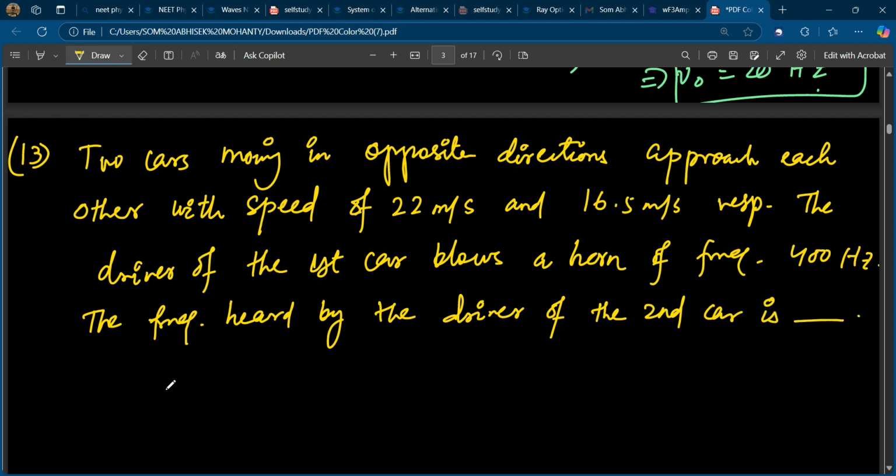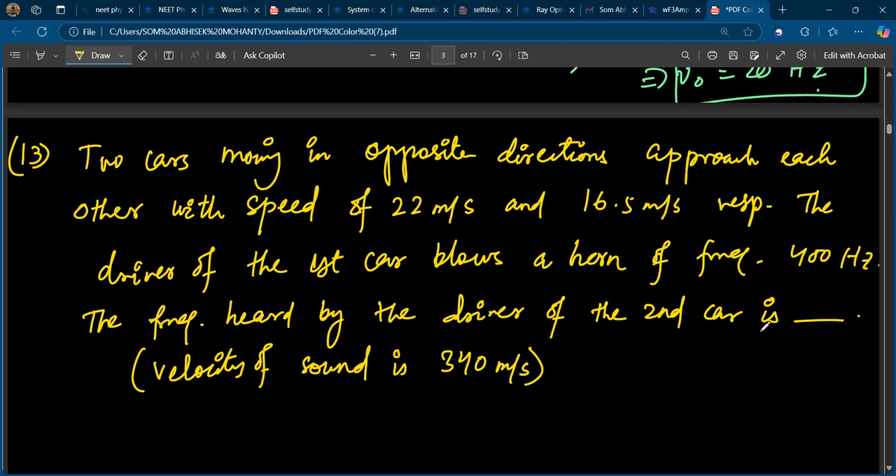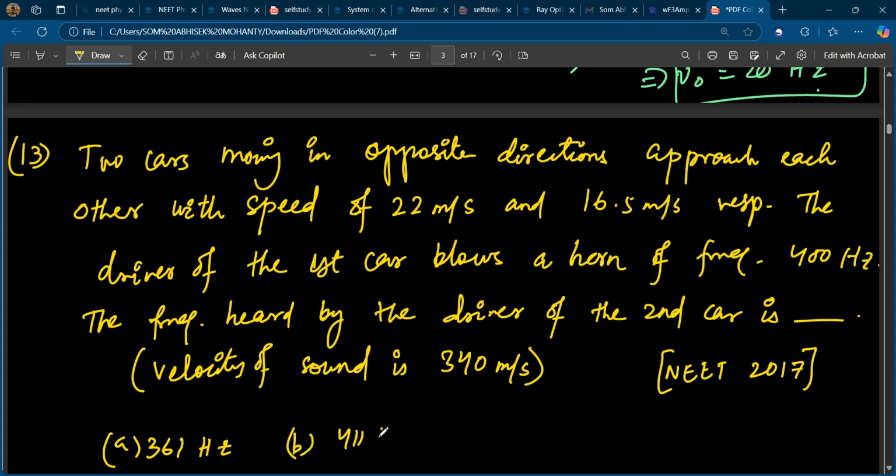Velocity of sound is 340 meter per second. It's given in NEET 2017. Option A 361 hertz, option B 411 hertz, option C 448 hertz, and option D 350 hertz.